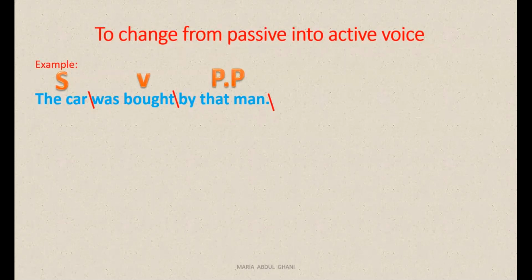Fine. Now ask yourself, the car, which is the subject, is it the doer of the action? Is the car the doer of the action? Does the car buy by itself?